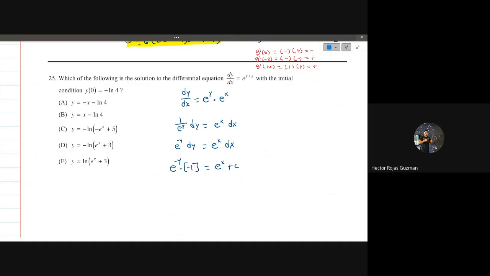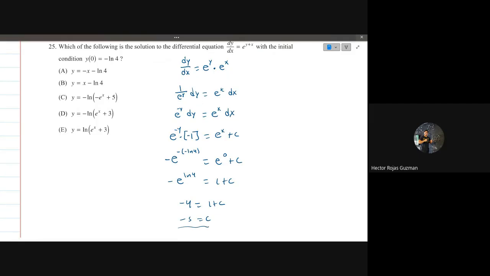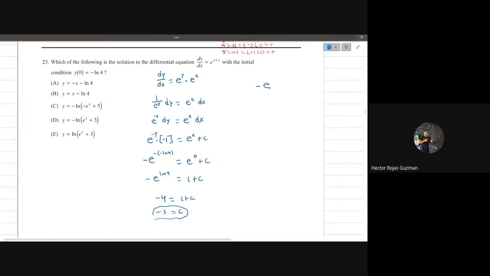Let's plug in our initial condition. Negative e to the power of negative, so the y value is negative ln of 4, and the x value is 0. That's negative e to the ln of 4 is equal to 1 plus c. e and ln cancel each other out, so that's your c value. So then we're going to take our c value and solve for y.